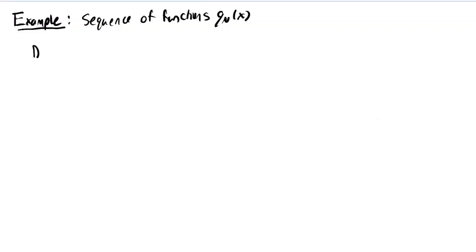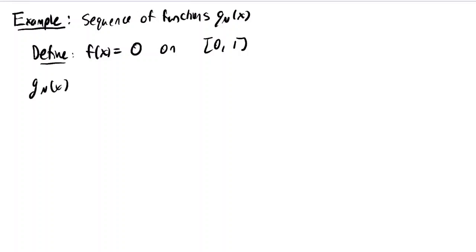I'm going to define my function f of x to be equal to 0 everywhere. Let's say we look at the particular domain between 0 and 1. And I'm going to define my function gn of x to be a piecewise defined function. It's going to equal 1 if x is between 1 over n squared and 1 over n, and 0 otherwise.